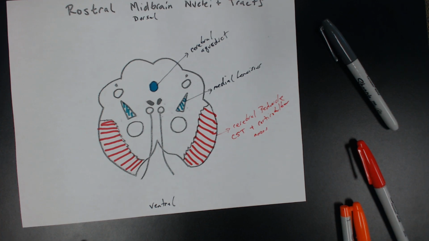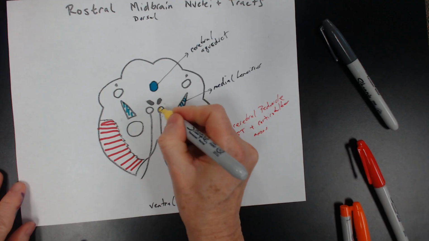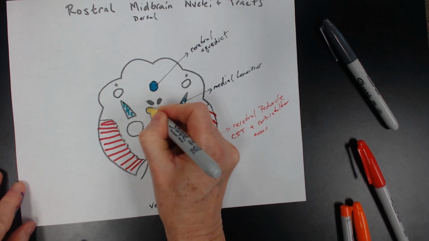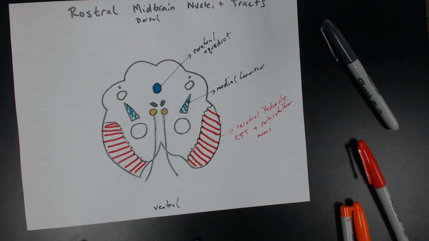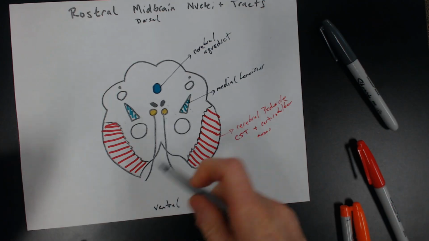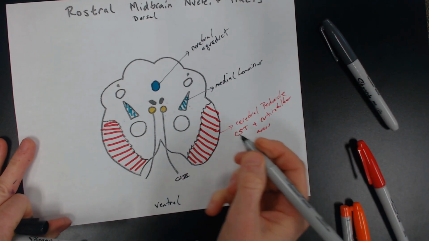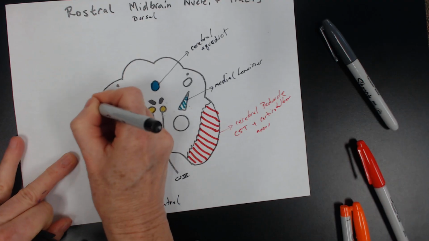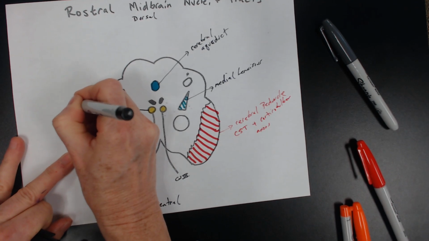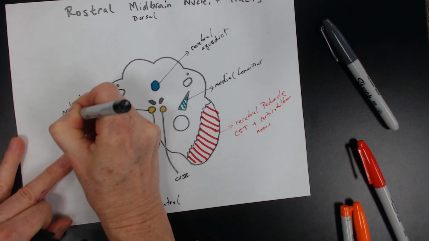That cranial nerve that's responsible for the majority of extraocular eye movements, plus levator palpebrae. This guy here, which nucleus is that? Oculomotor. So this exiting ventrally is going to be cranial nerve number 3, and this is going to be your oculomotor nucleus.